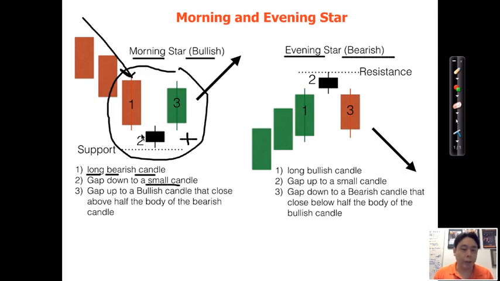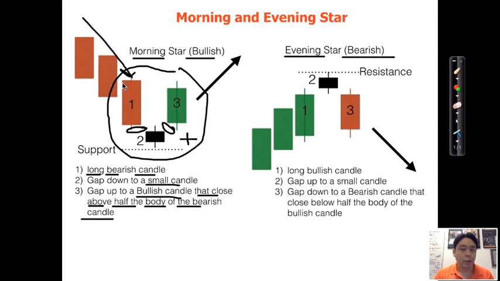Now, following the doji candle, you want to then see a bullish candle, okay? After that, it's got to have a small gap, right? You want to see a small gap between the price. You have that small candle and then another small gap, boom, you've got that bullish candle. And the bullish candle should close above half the body of the bearish candle.